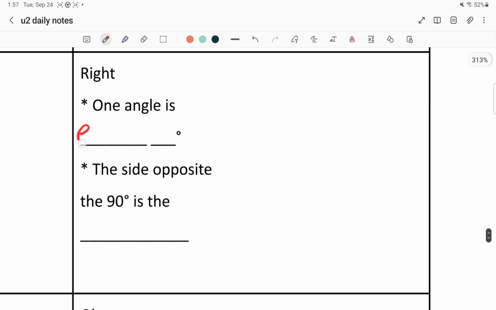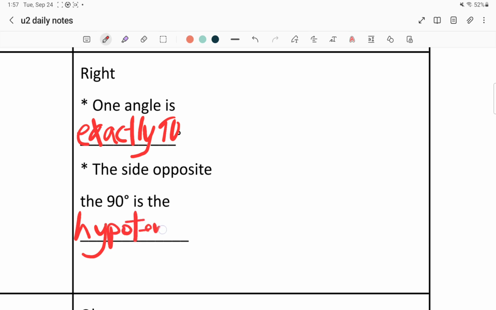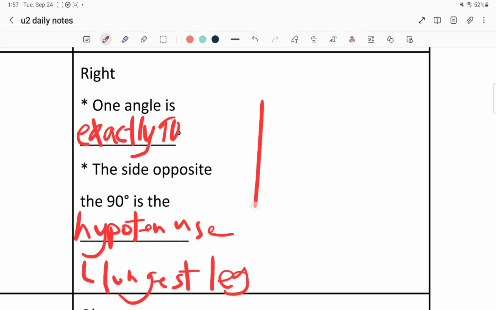A right triangle is when one angle is exactly 90. The side opposite the 90 is our hypotenuse, which is also our longest leg. And we'll see it quite a bit on the homework today, so I'm going to make sure I emphasize it here.